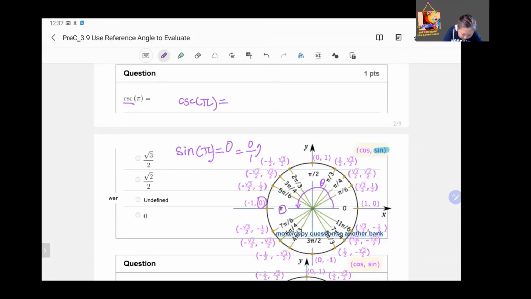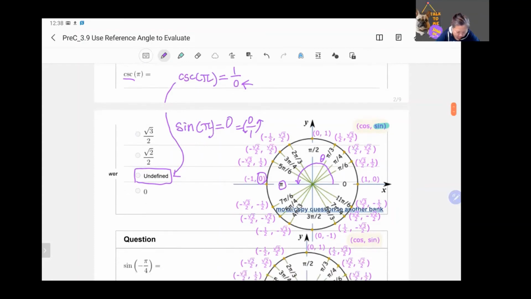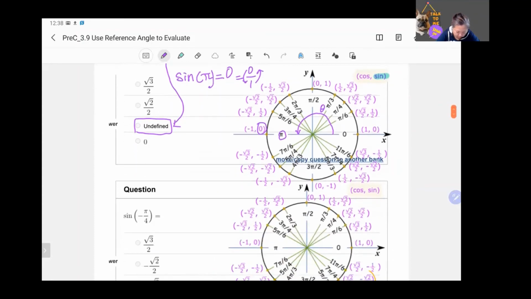If I flip it, it's 1 over 0. The problem is any fraction that has denominator 0 is supposed to be undefined, so the answer is undefined. That's why. Okay, right here. So this was really easy and simple. Okay, unless you guys have any question, I'm moving on.